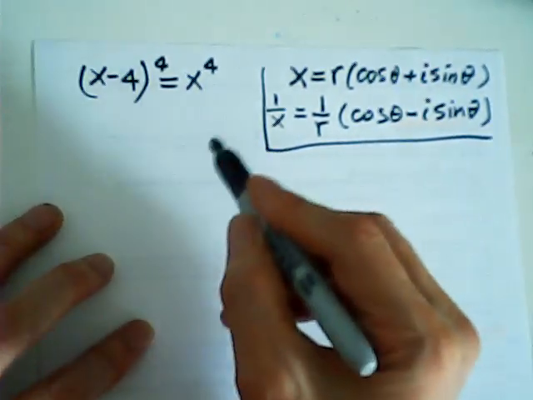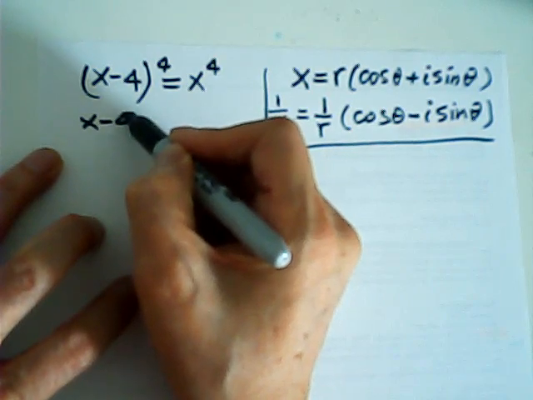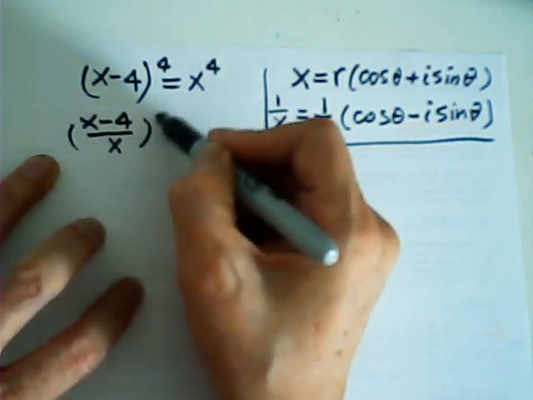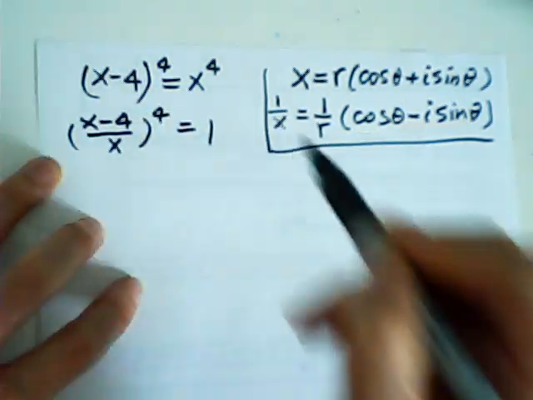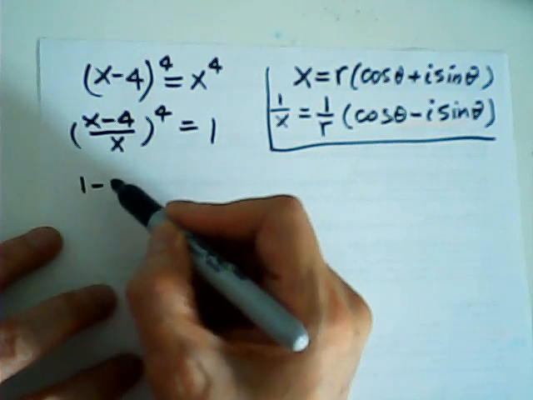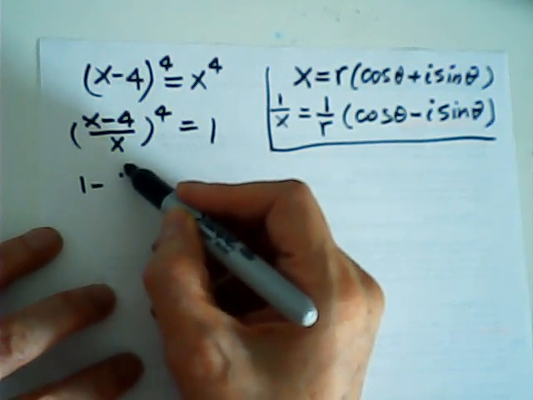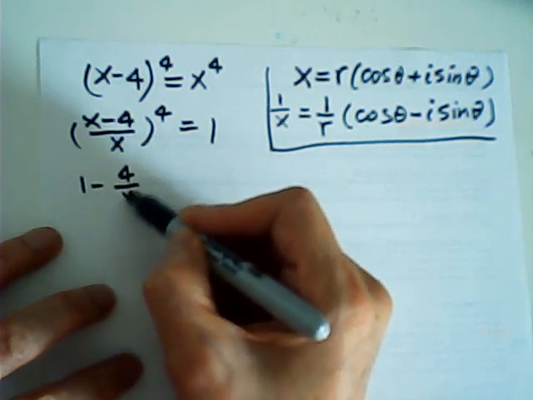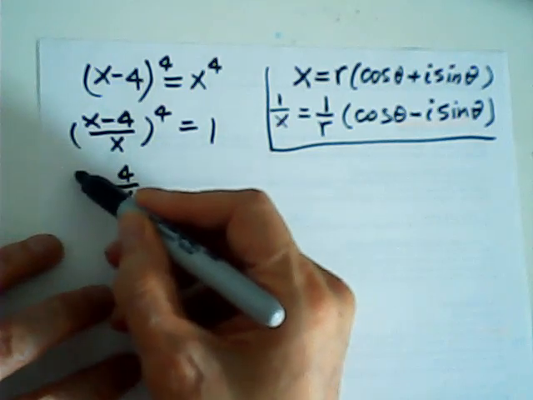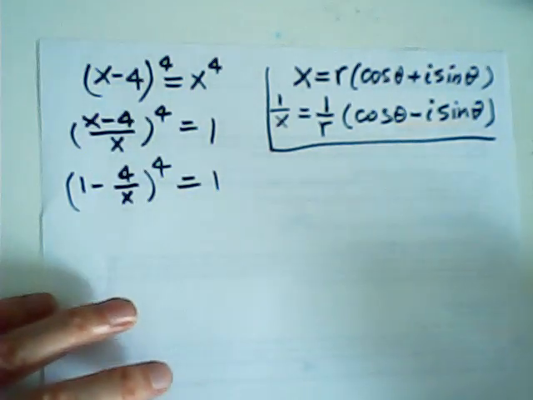Then this equation could be written as x minus 4 over x to the power of 4 equal to 1. And this means 1 minus 4 times x, right? Yeah, to the 4th is equal to 1.